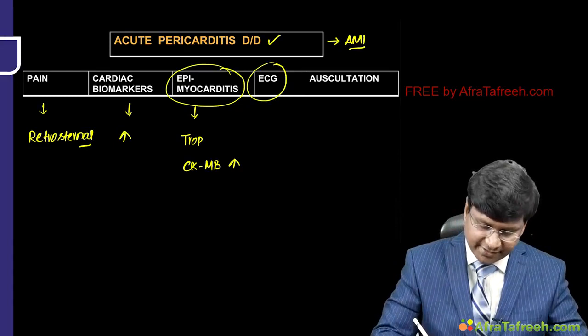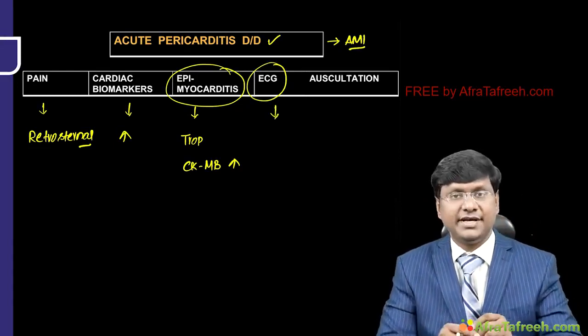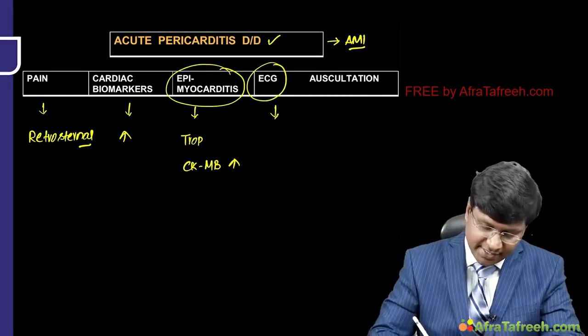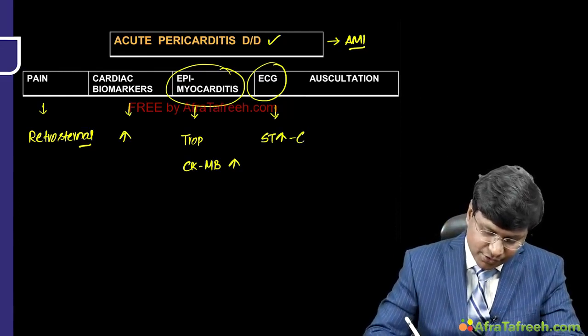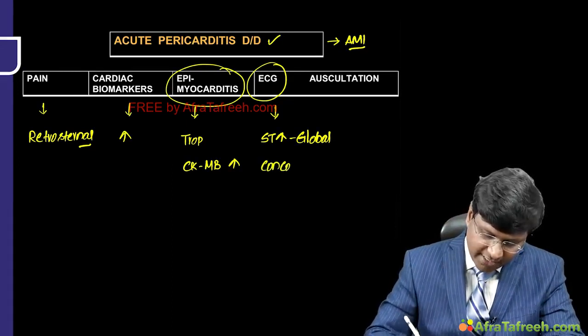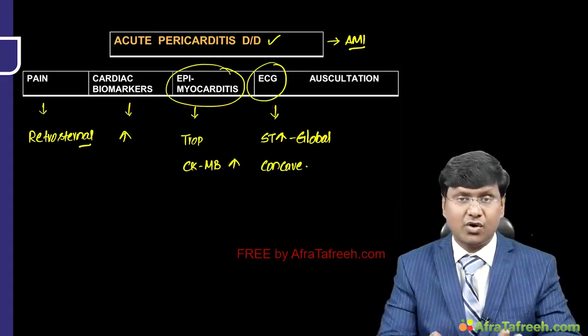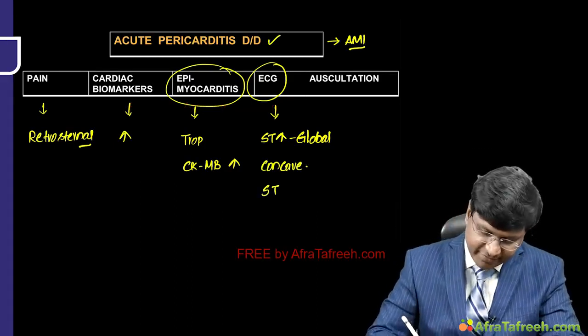So, if you take the ECG manifestation in acute pericarditis, you have ST segment elevation in all the leads. So, it will be a global, concave ST segment elevation, except there will be ST segment depression in AVR, right?